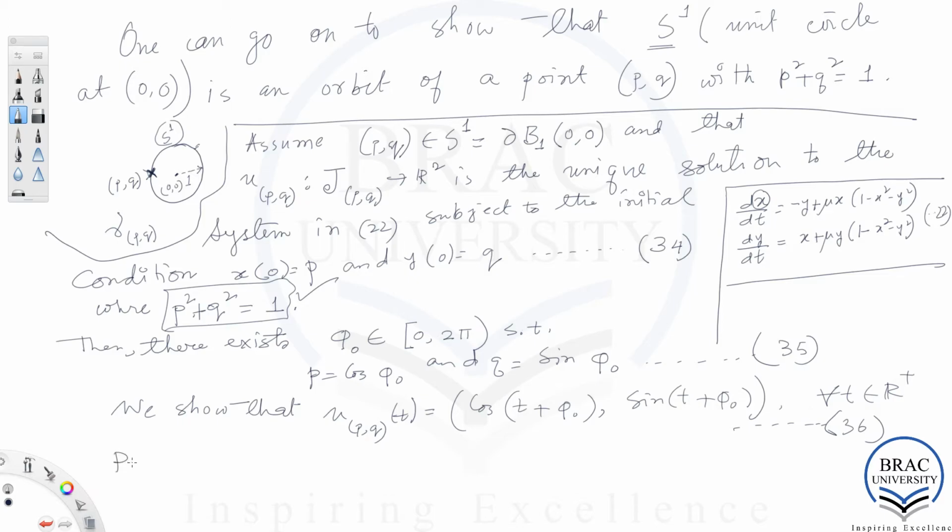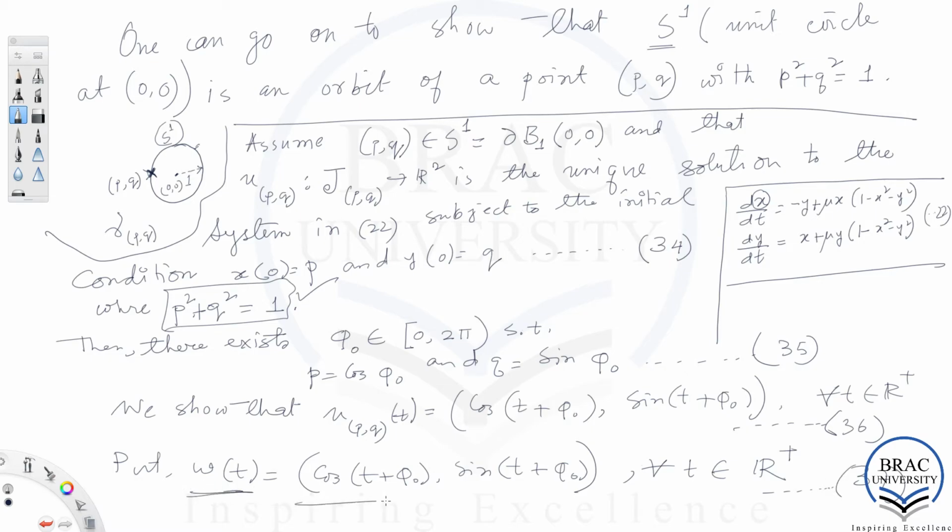Now put w of t to be equal to (cosine(t plus phi 0), sine(t plus phi 0)) for all t in R plus, right? This time dependent vector is written like this for all time in the positive real axis. Okay.